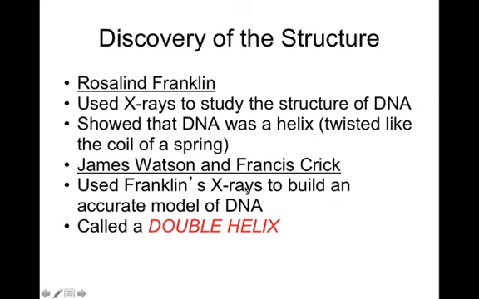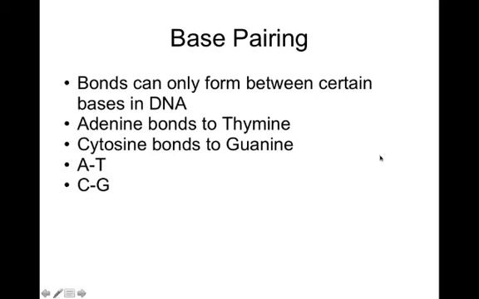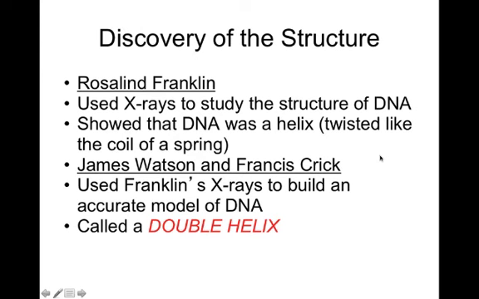Okay, DNA was discovered by a group of scientists working together. These two gentlemen here worked together, and this was a woman who discovered DNA, and pretty much these guys took her research and really didn't give her credit for her work. She didn't get credit till later in life. It's kind of unfortunate.